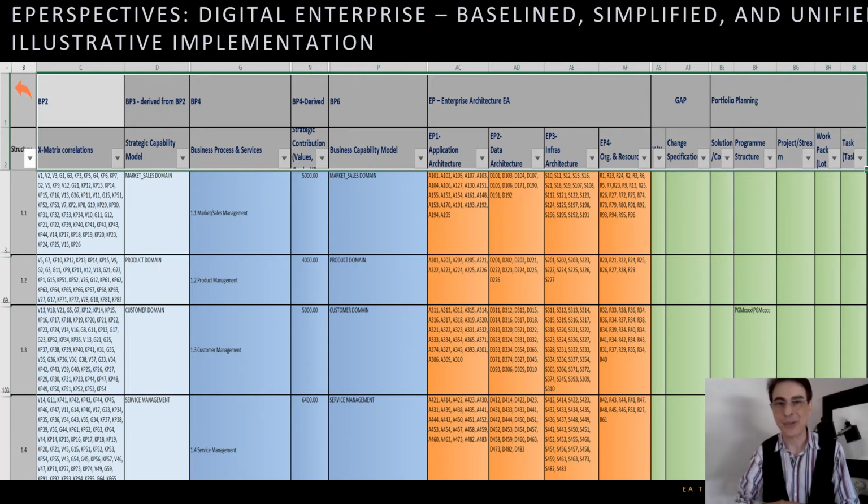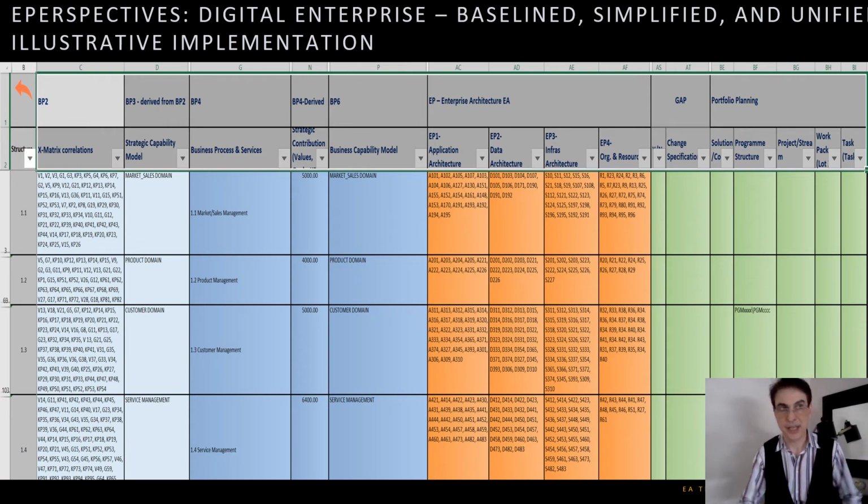So we have the strategic capability model captured here, in the light blue. Then we have the business capability model, or business perspective, here within the darker blue. We have the enterprise perspective, key activities, or what we do, in orange. So you can argue that the orange part gives us the ECM, and then on the left side we have the CCM, or the change capability model.